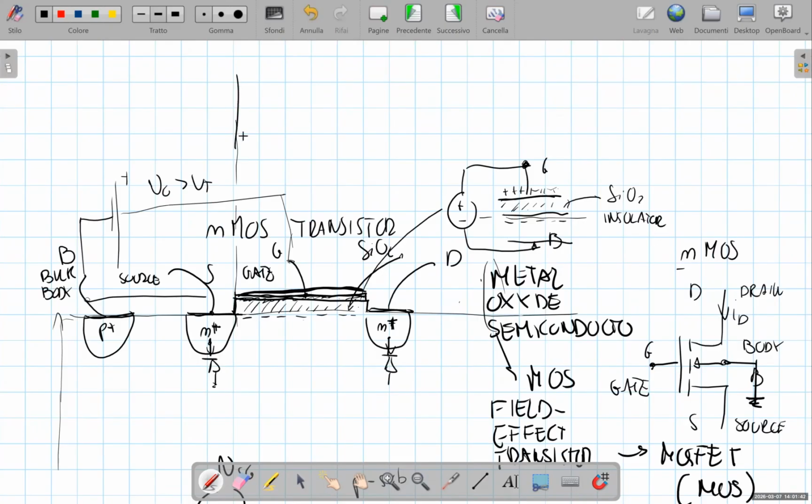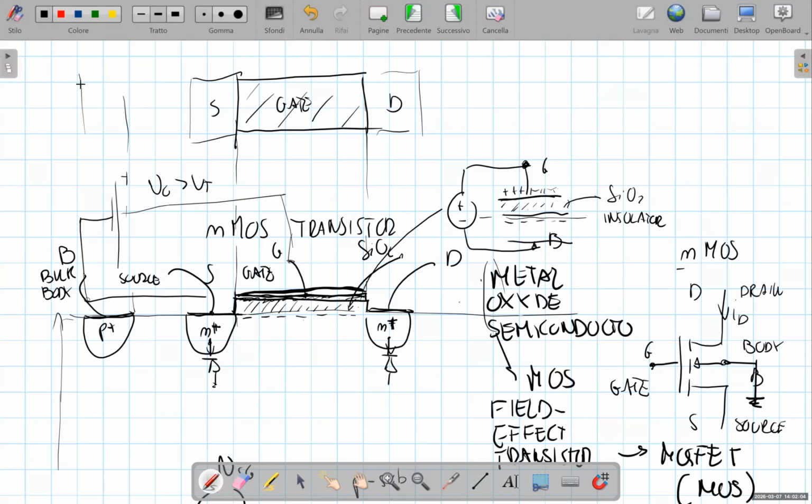Here we have the gate area, we have the contacts, this is the drain, this is the source contact, this is the gate area, and to complete the sketch, we have the body terminal. So this is the top view.